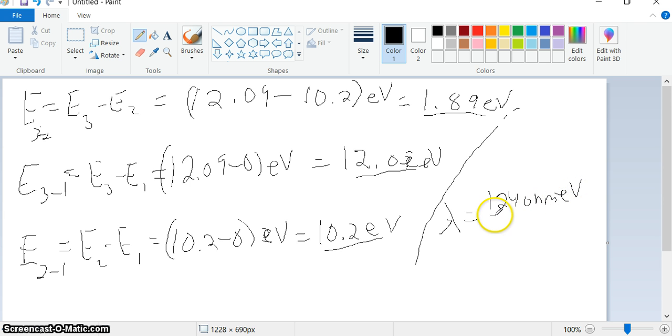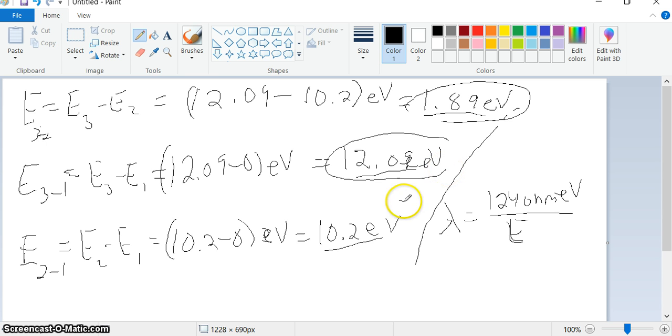If we divide it by the energy E in electron volts, the electron volts cancel, and that gives us an answer for each of the three. This one is the energy of that photon, that's the energy of another photon, and that's the energy of the last photon. Each time we use this equation, and we'll get the wavelengths.